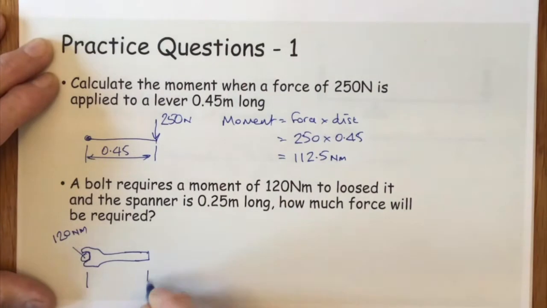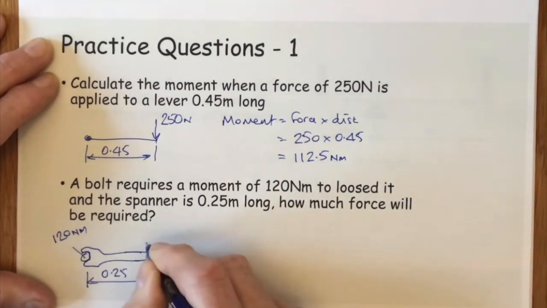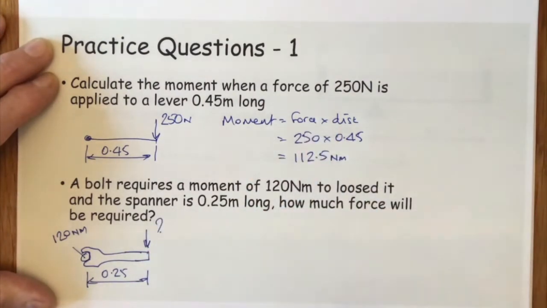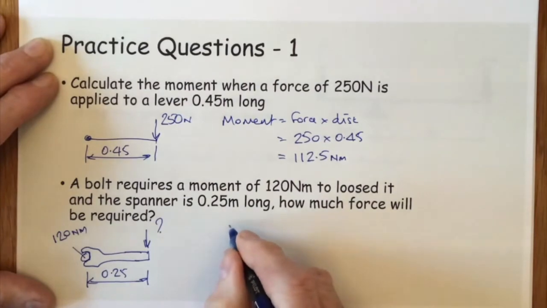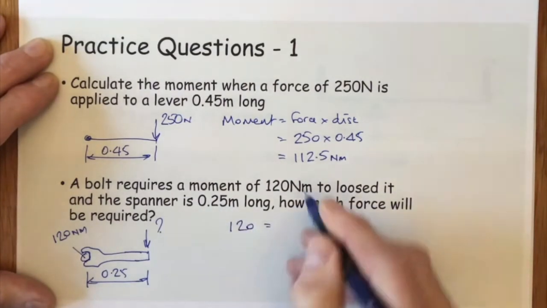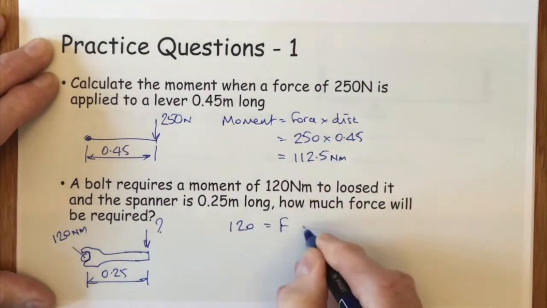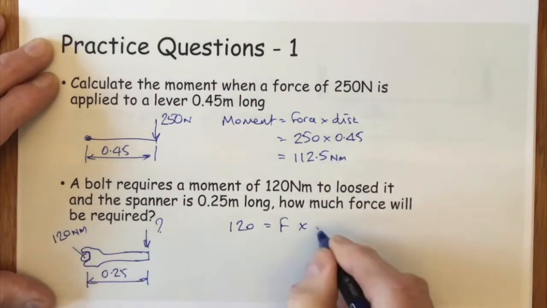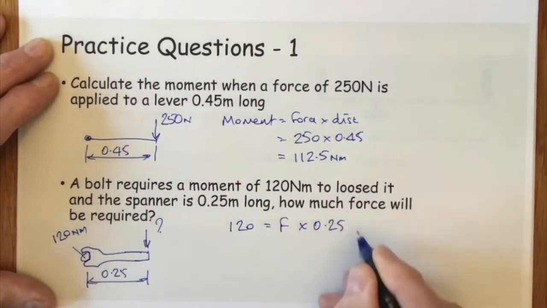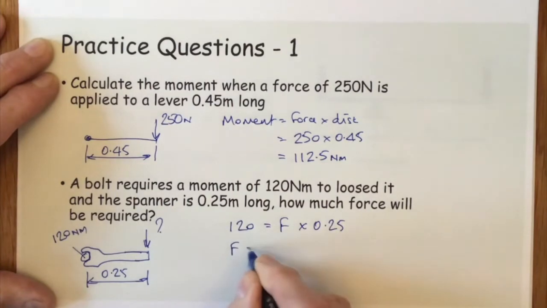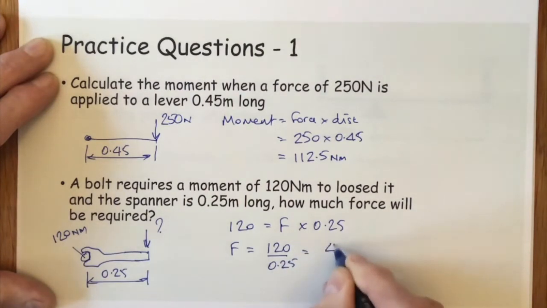The distance is 0.25 metres, and we've got to find out the force here. So using the same equation, we know the moment is 120. Force we don't know, we'll call that F, times the distance 0.25. So rearranging the equation, force equals 120 over 0.25, which comes to 480 newtons.